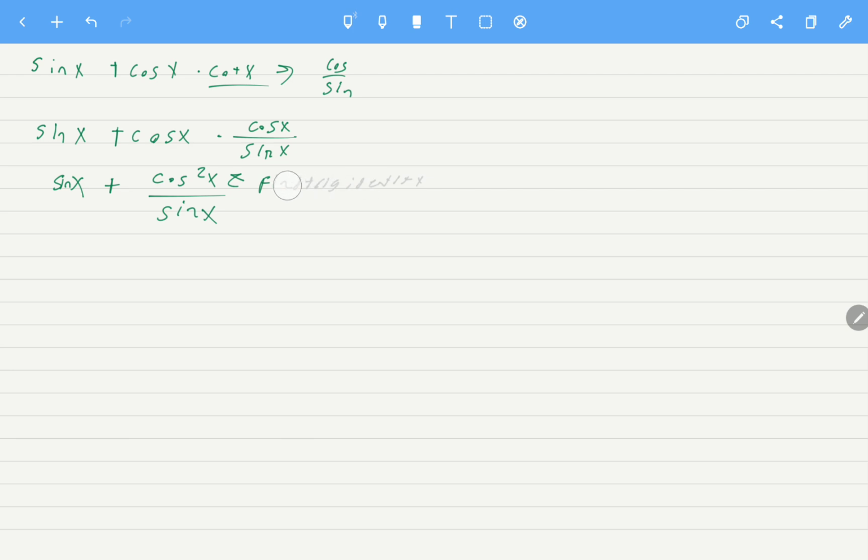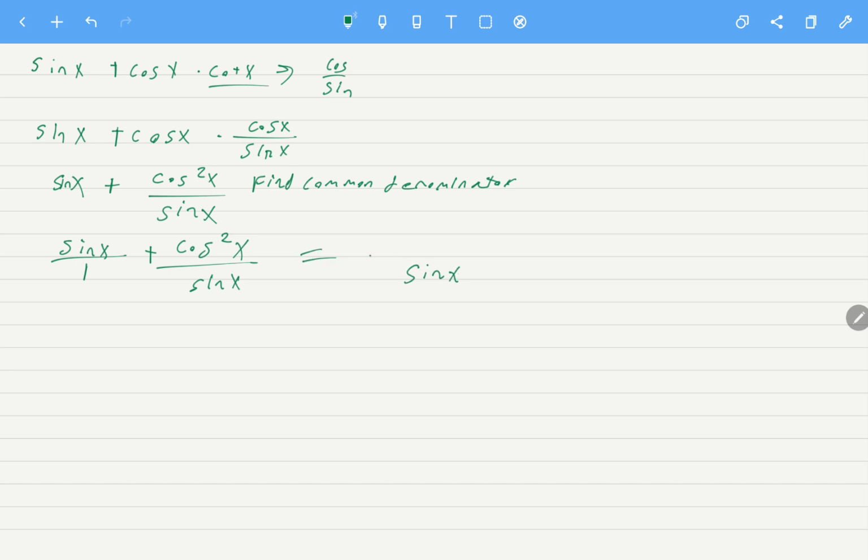Okay, first you find a common denominator. I'm solving this as I go along. So, sine of x over 1 plus cosine squared over sine of x. Okay, now what? We find a common denominator.